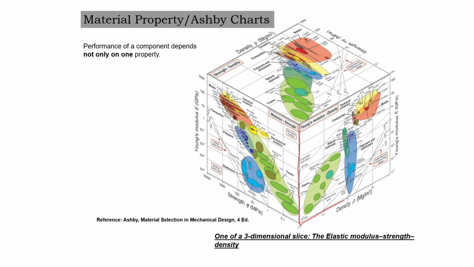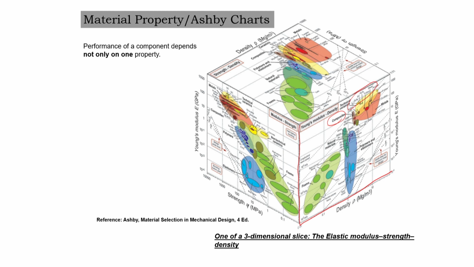I have only shown you here the third part of it, that is E versus density, and E to the power 1/3 over rho, which will be some kind of a slope on this line. You should be able to see what are the materials in which you get a low density, on the other hand you get a high modulus, and you will see composite is always one group, and some parts of the metallic alloys also work there very well.